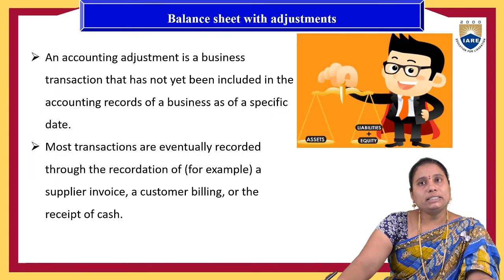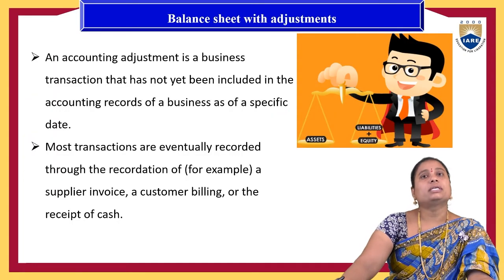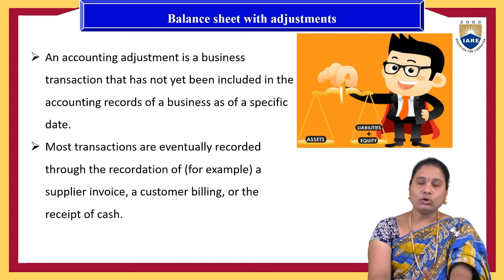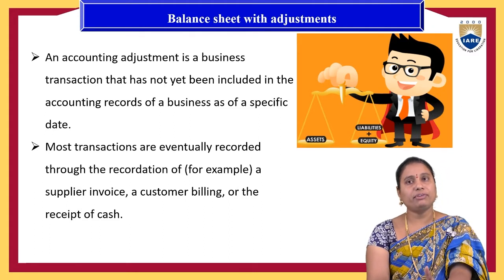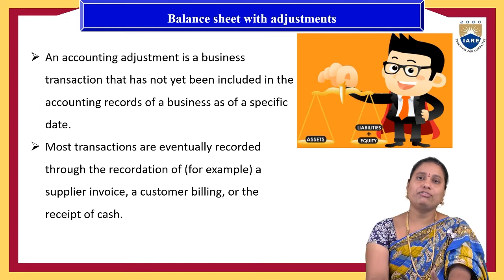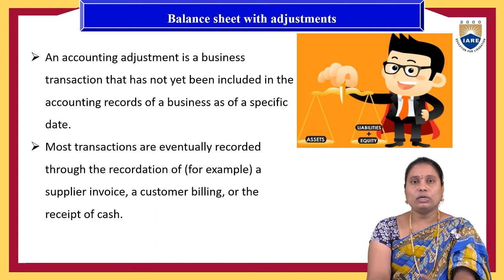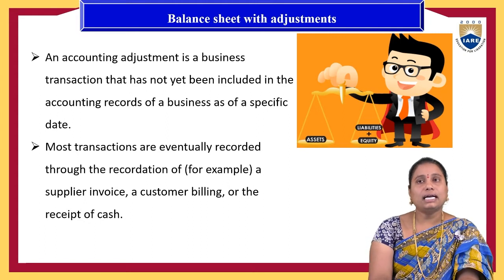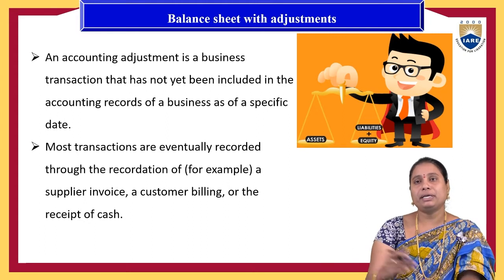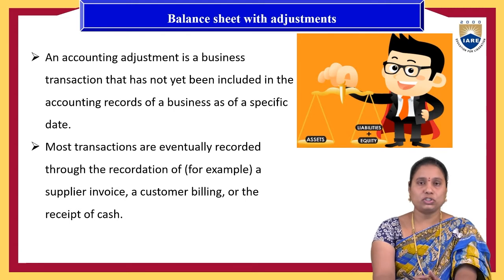So, balance sheets with adjustments. In any accounting transactions, while entering into journals, ledgers, everything, if any mistakes have been made, or if any recordings were not realized at the time, then those are treated as adjustments.